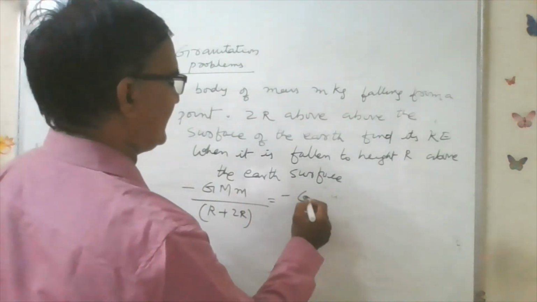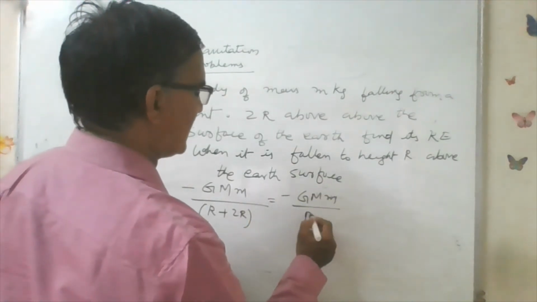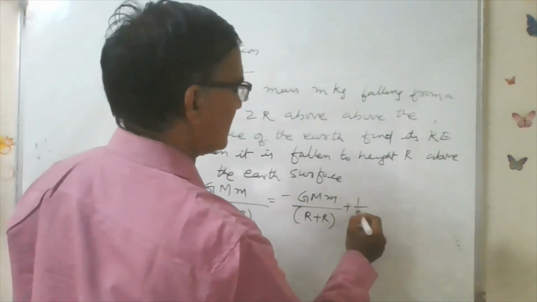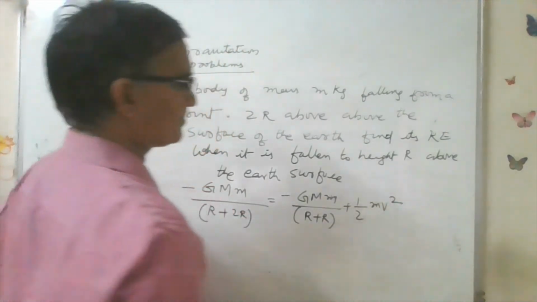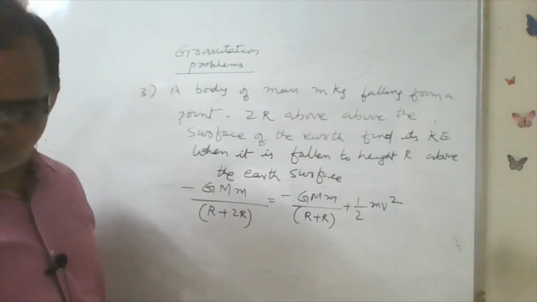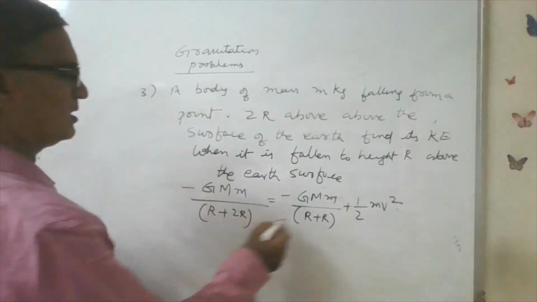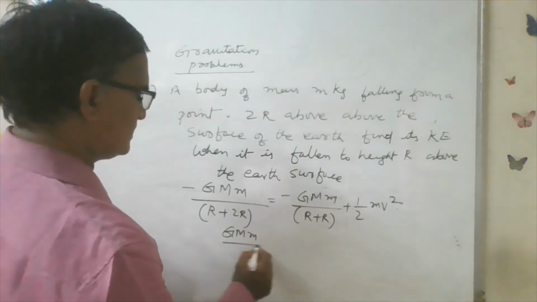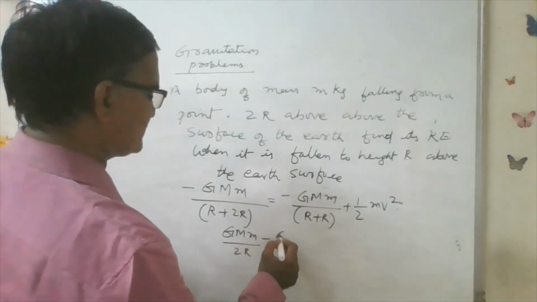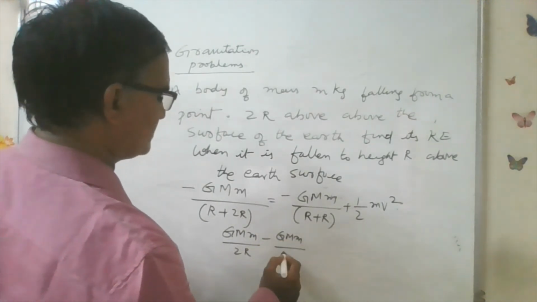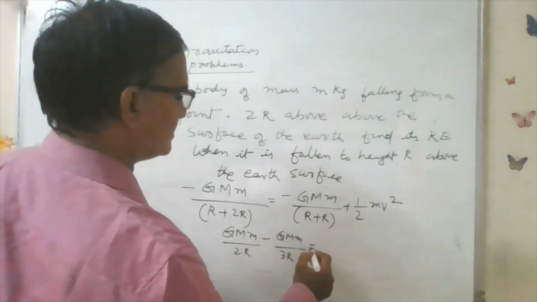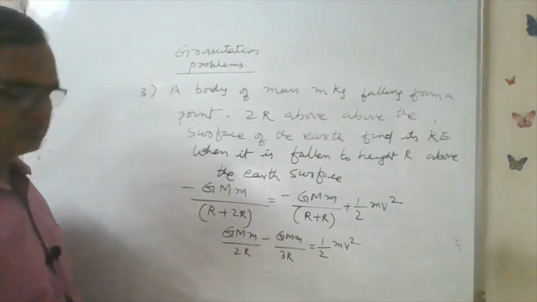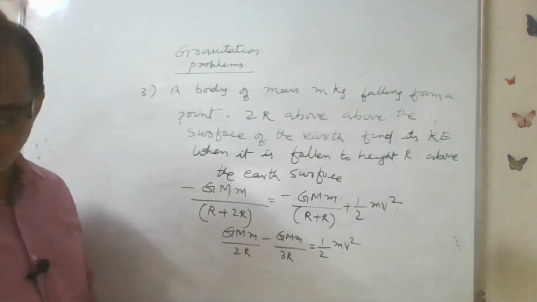Now fallen to a height how much? GMm by r plus r, from the center only we are calculating, plus half mv square. Okay. So you need to simplify this. Now here, if you take GMm by 2r minus GMm by 3r is equal to half mv square.